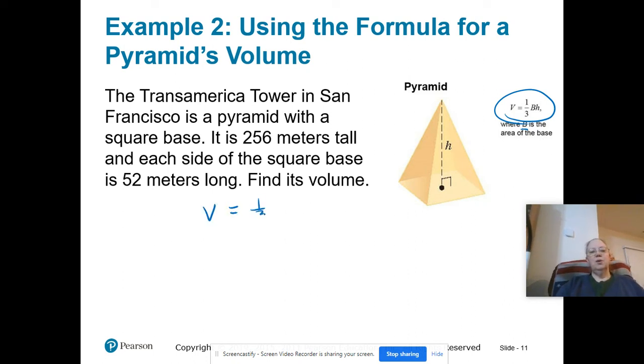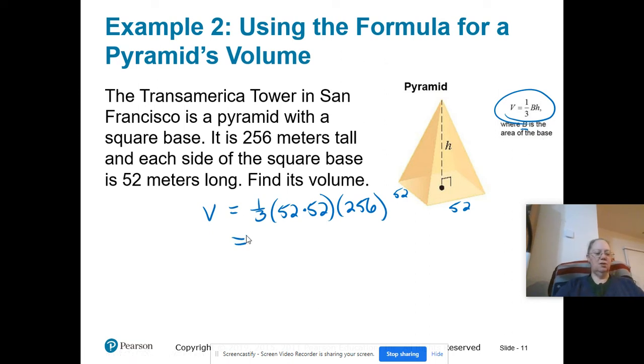So 1/3 the area of the base, and this is 52, and this is 52. So the area of the base would be our 52 times our 52, and times the height, and it is 256 meters tall.